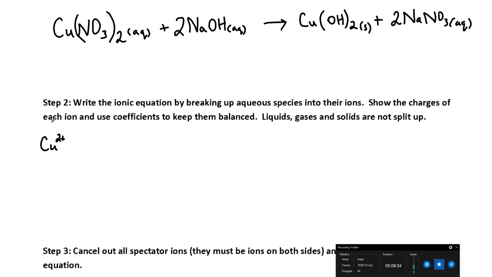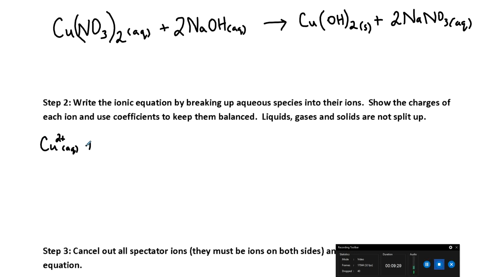You always want to show your charges on the ions as the number, then the charge. I also need to include the AQ symbol. Every time I break up an aqueous substance, I need to label each ion as aqueous because it's going to be dissolved, suspended in the solution.